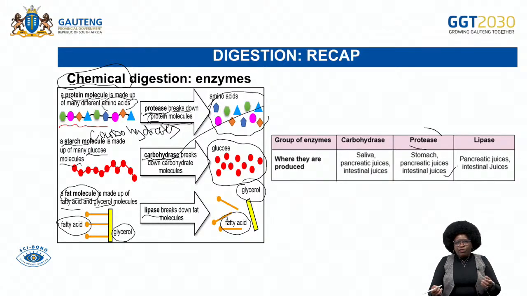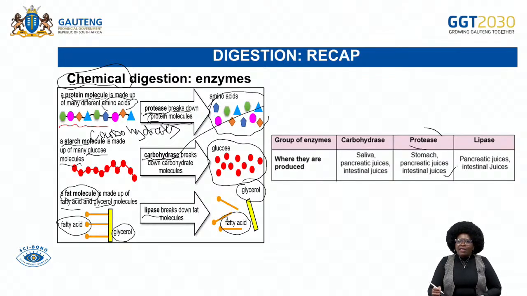It is very important for you learners to know as we do digestion that the end product of protein is amino acids, the end product of starch or carbohydrates is glucose, and the end product of a fat molecule, when it's broken down, is going to be glycerol and fatty acids.